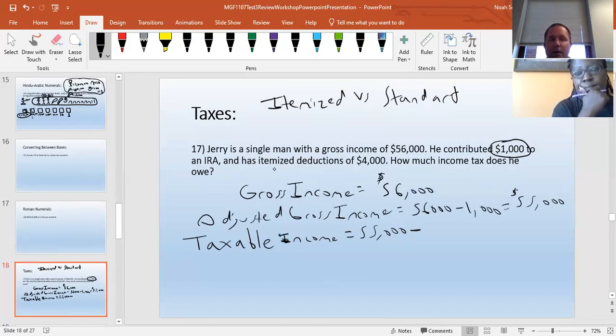Are they married? Are they single? There's 4 categories on the, let me go to the tax sheet. So we've got 55,000 of adjusted gross income. I'm going to go ahead and share the tax sheet that we've got.